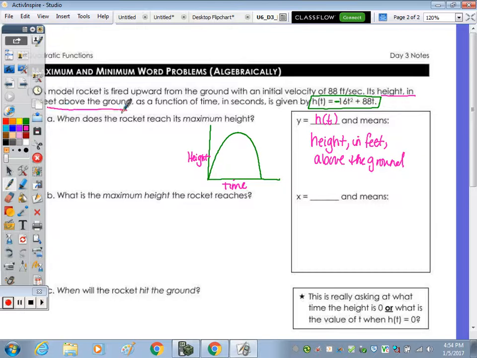And then x, you can think about typing this in our calculator, it would be y equals negative 16x squared plus 88x. So x is our t, or our time in seconds.